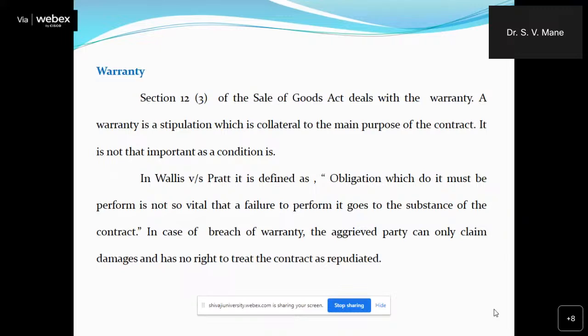The definition given is that it is an obligation which must be performed but is not so vital that a failure to perform it goes to the substance of the contract. In case of a breach of a warranty, the aggrieved party can only claim damages and has no right to treat the contract as repudiated.